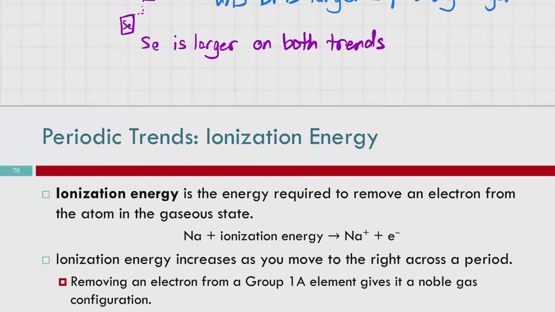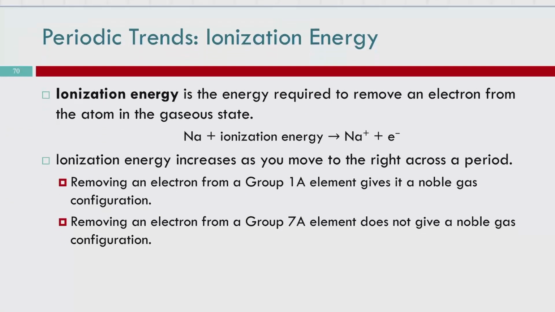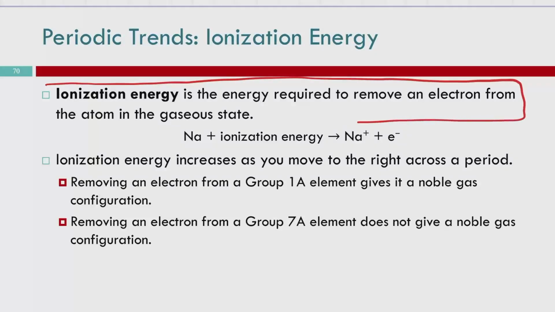Okay, more trends. Ionization energy. Ionization energy is defined as the energy, surprise, surprise, that's required to remove an electron from an atom, and the gaseous state part is not really that important.